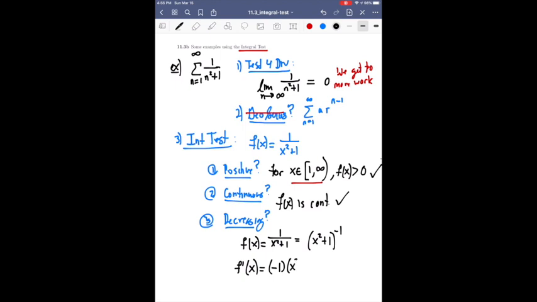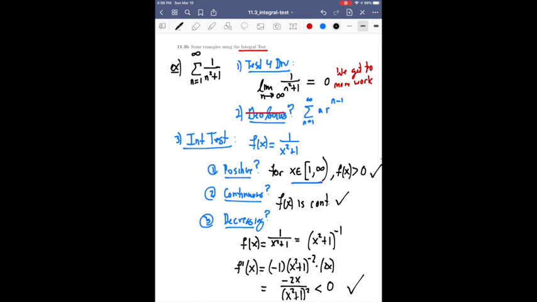We have x squared plus 1 to the negative 2 power times the derivative of what's inside, which is 2x. So this whole product becomes minus 2x all over quantity x squared plus 1 to the 2. And for all x values, again, from 1 to infinity, this quantity is going to be less than 0. So it is indeed decreasing.